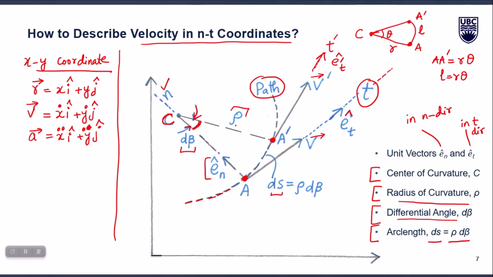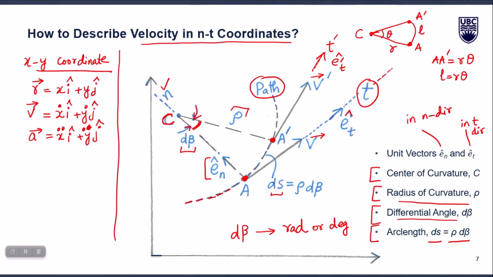The radius of curvature will have the dimensions of length, it is a distance, right? Similarly, ds is also a distance. d beta is an angle, so it should have units of radians or degrees. Please keep the dimensions of each quantity in mind.